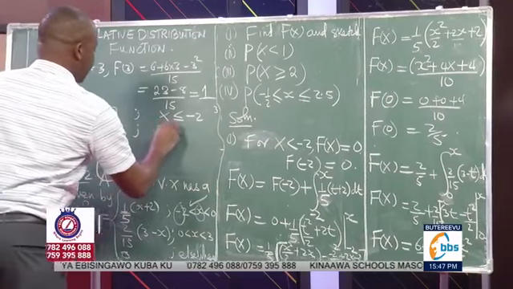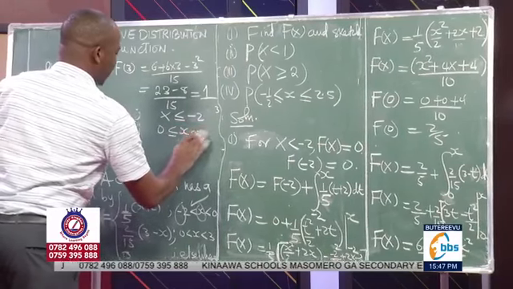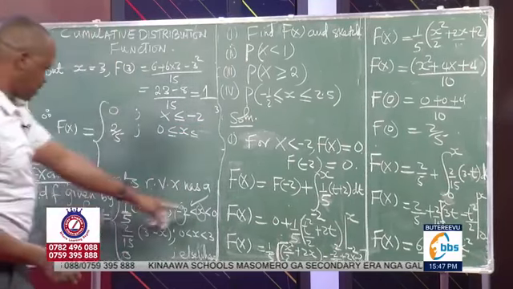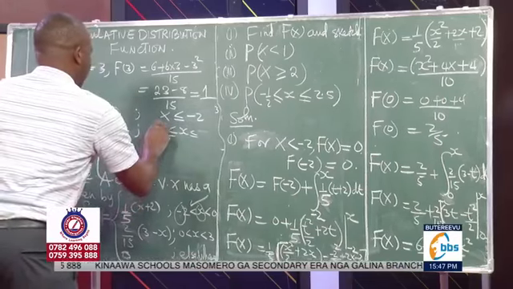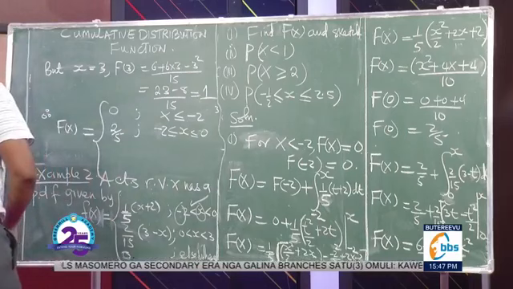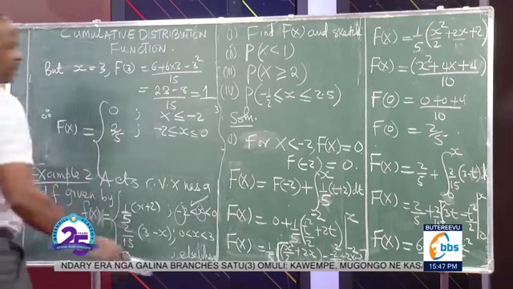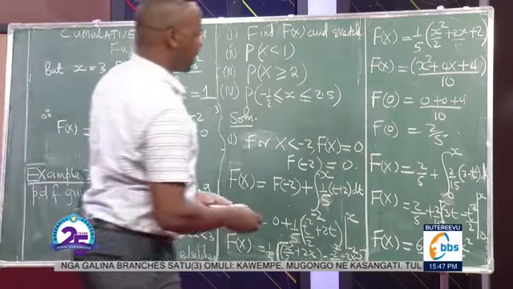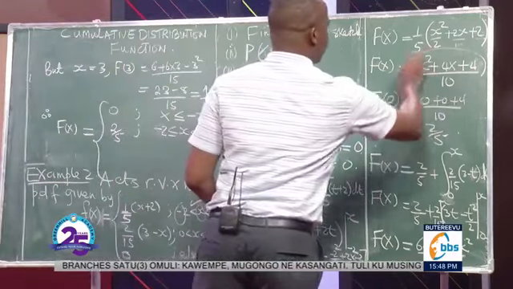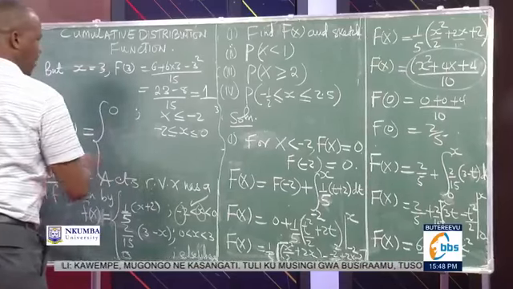That is for the next range, -2 less than x less than 0. And then the function we have for the next part should be this one. This should be the one for the second range.